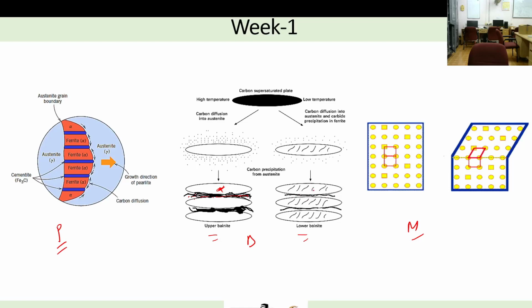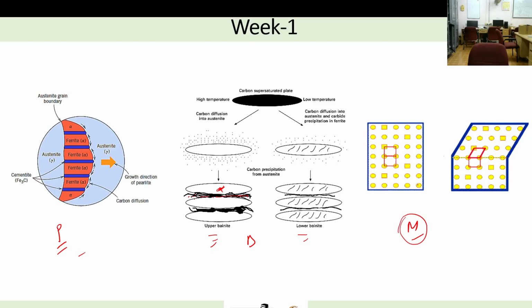And talking about the martensitic transformation, in both the pearlitic and bainitic transformations, diffusion is involved. Carbon is diffusing from ferrite and forming cementite. Here also carbon is diffusing to form cementite. But this martensitic transformation is very rapid.